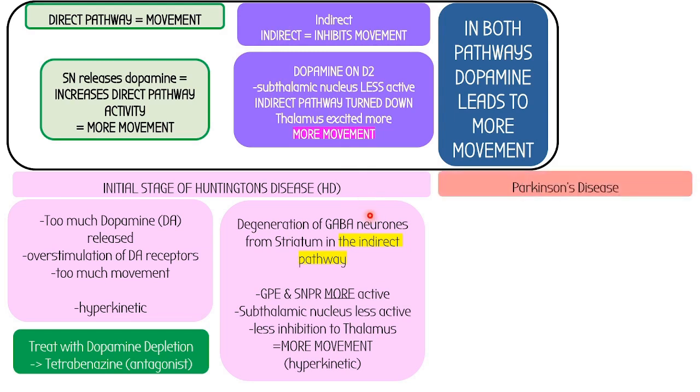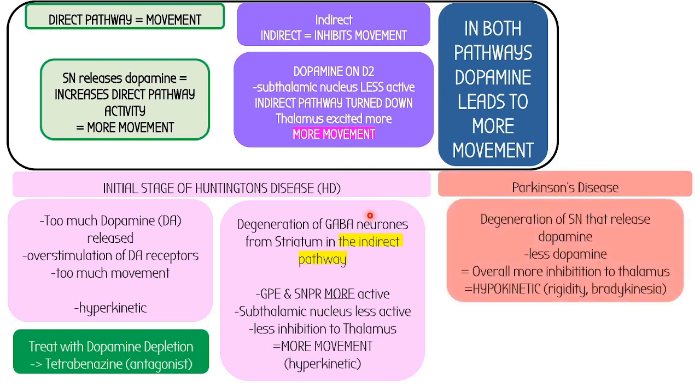Parkinson's is a much easier pathology. Parkinson's is characterized by bradykinesia, meaning slow movement, and hypokinesia. In Parkinson's, your substantia nigra, which releases dopamine that increases movement, degenerates, so there's less dopamine.